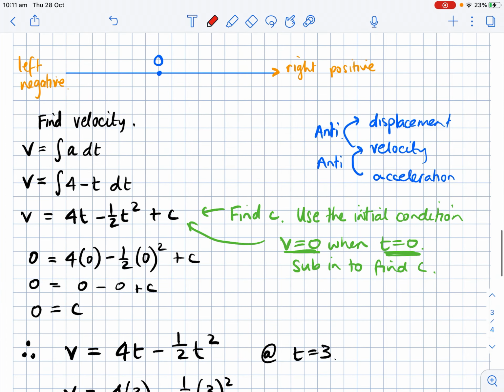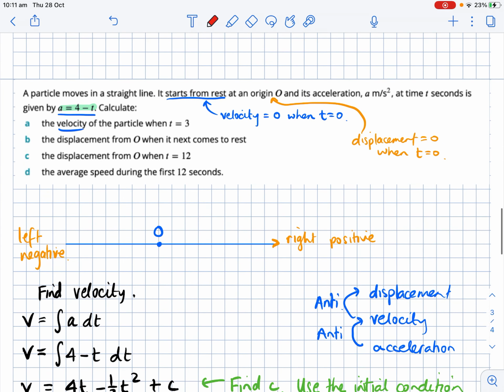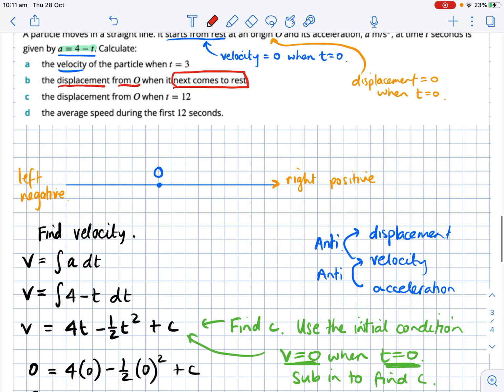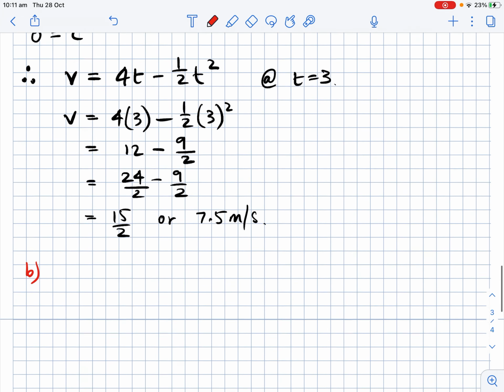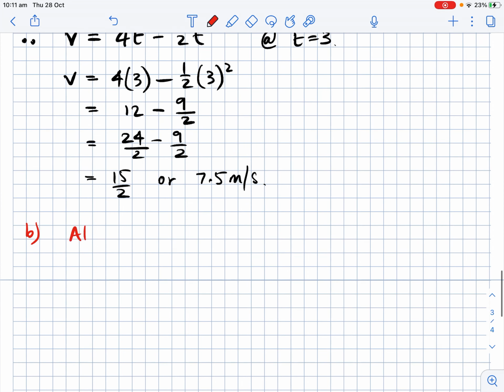Let's have a look at part B now. Part B says the displacement from O when it next comes to rest. Now this idea of when does it come to rest, that is really interesting. So it is at rest when the velocity equals 0. So the first thing I'm going to do in this question is find out when the velocity is 0.